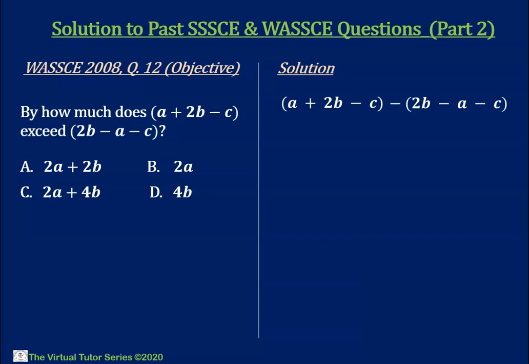Removing brackets, we have the first part to be a plus 2b minus c. For the second group, we need to distribute the negative sign over the expressions in the bracket. This produces minus 2b plus a plus c.